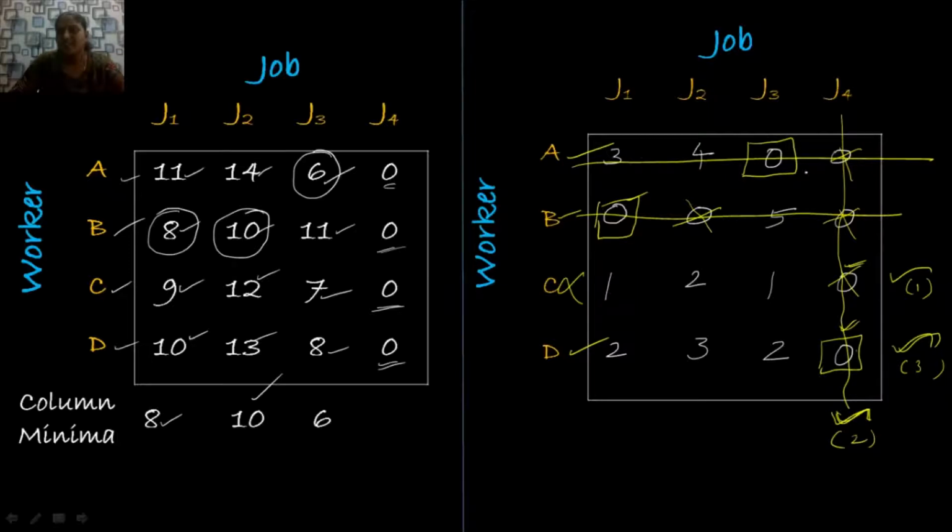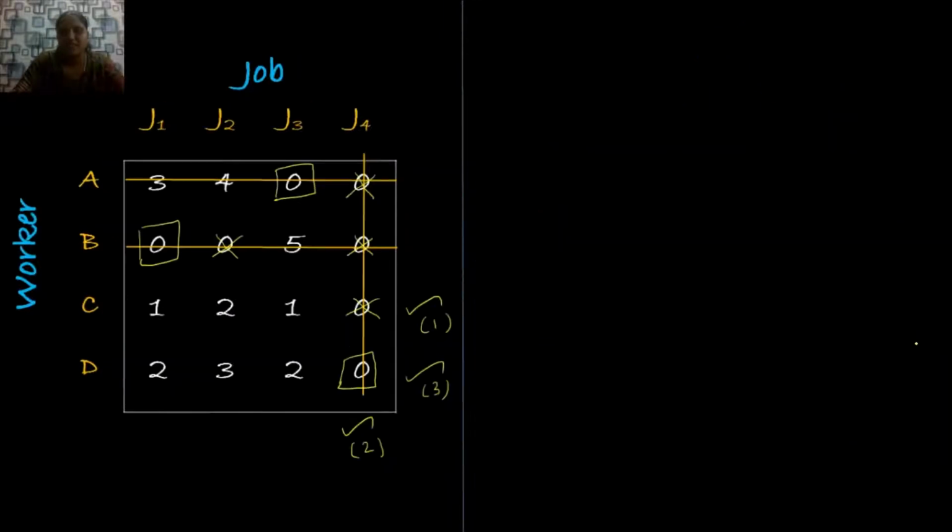So draw a straight line through the unmarked rows and marked columns. The fourth column alone is a marked column, so draw a straight line through the fourth column alone. So this gives the minimum number of straight lines which covers all zero elements. Let me show this matrix clearly to you now. Yeah, this is the matrix.